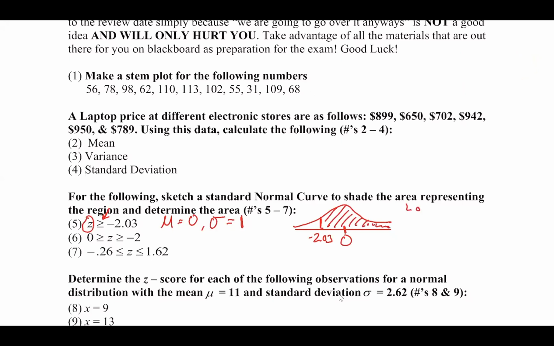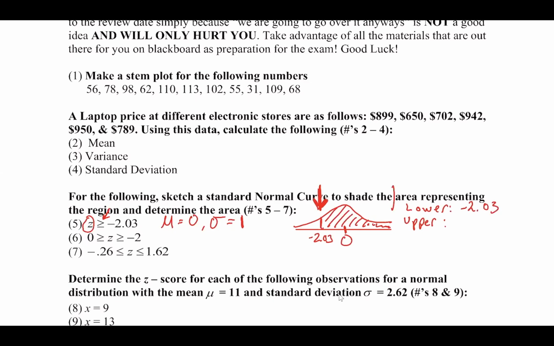So what we want to do is figure out what the lower bound is and what the upper bound is. To figure out the lower bound and the upper bound, all you have to do is look at the graph. By looking at the graph, you can see that the lower bound is this one, because that's the lowest value that we have shaded. So we'll say negative 2.03.